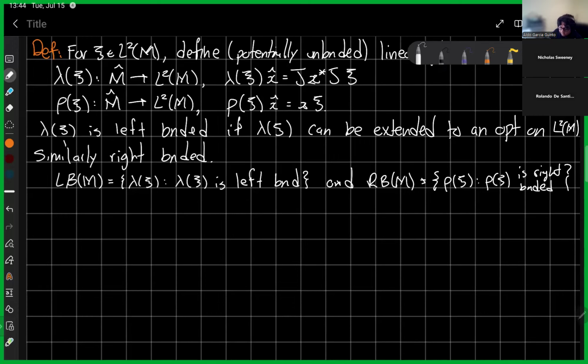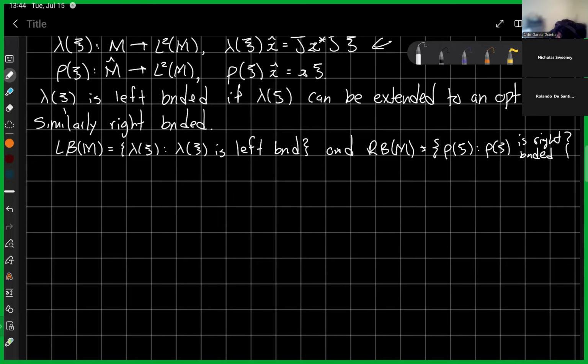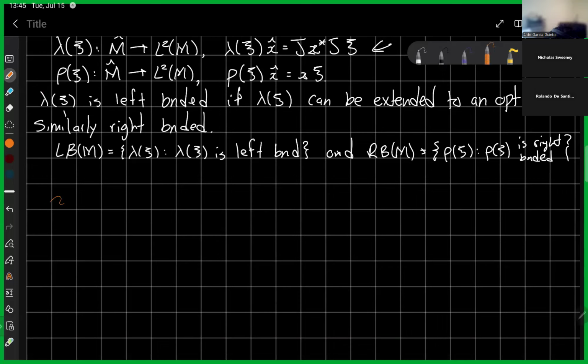So maybe when you look at this, you think that's a weird way of writing the element. The idea is that we want this to look like you would suspect: lambda of x hat should be just x. So let's show that.